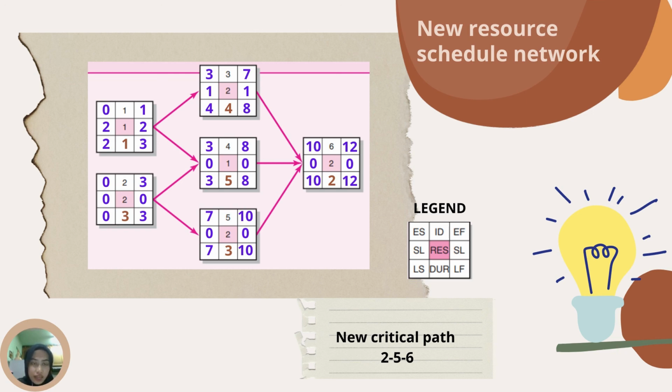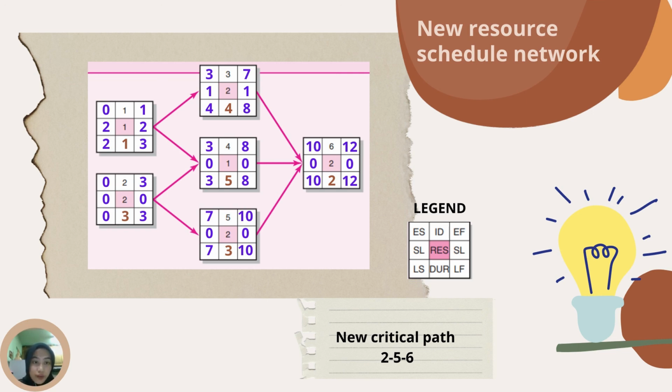Based on ID3, 4, and 5, the LF number for ID5 is the same as the LS number for ID6, which is 10. The ES number of ID5 is 7.